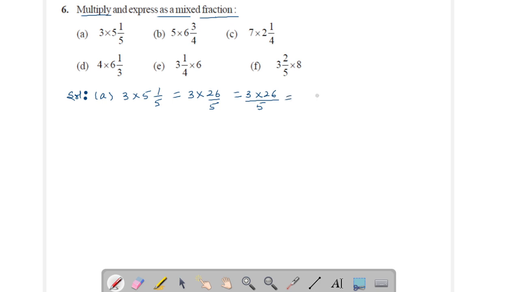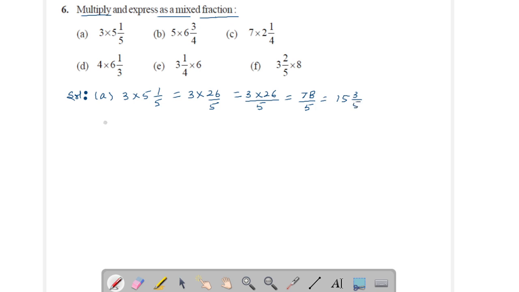You will get 78 upon 5, convert it into mixed fraction. You will get 15, 3 upon 5.